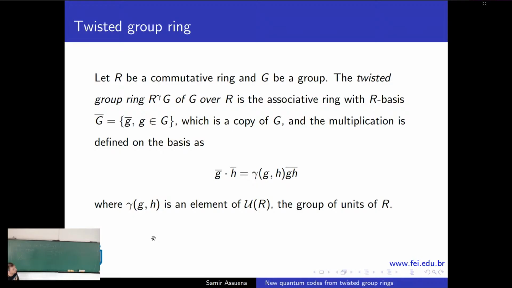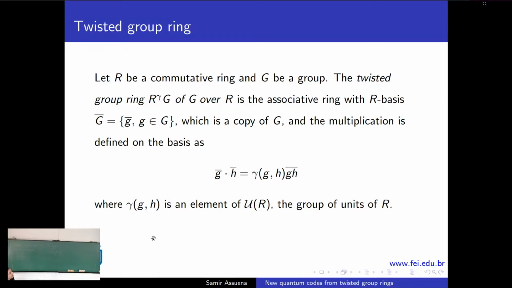We just start with a set G bar, which is a copy of the group G, and we define the multiplication on the basis. We are just taking the elements G bar as a basis over the ring R of this new ring, and the multiplication is given by G bar times H bar equals a coefficient gamma(G,H) times GH bar.